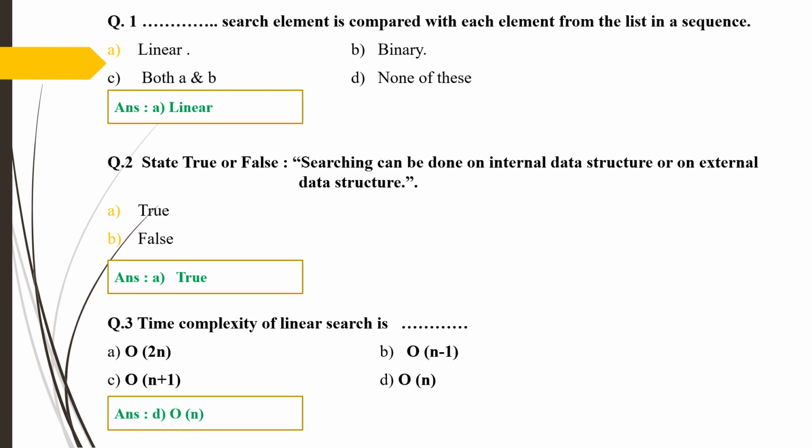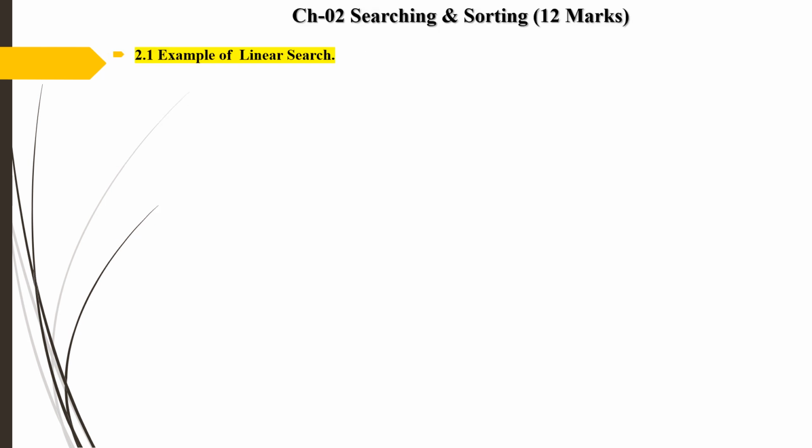So this is about linear search and MCQs. Next we see an example of linear search. Consider input list 65, 20, 10, 55, 32, 12, 50, 99 and search element is 12.